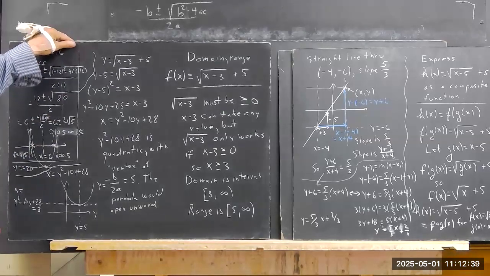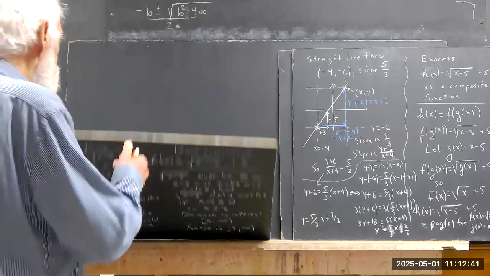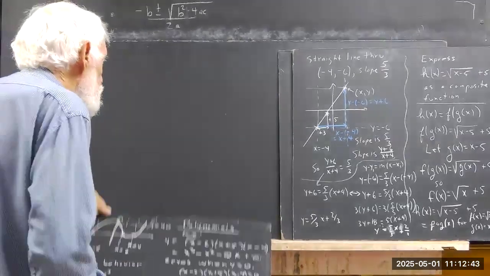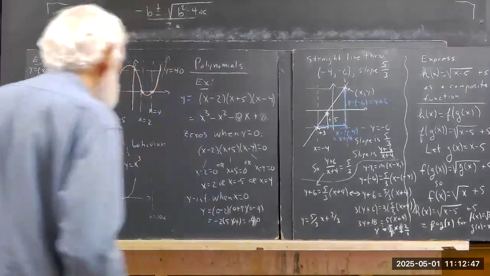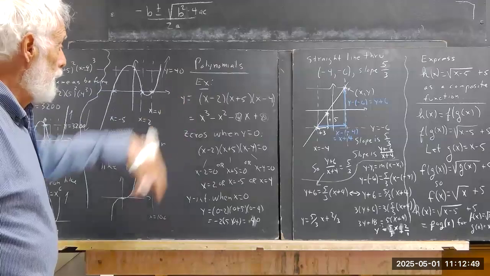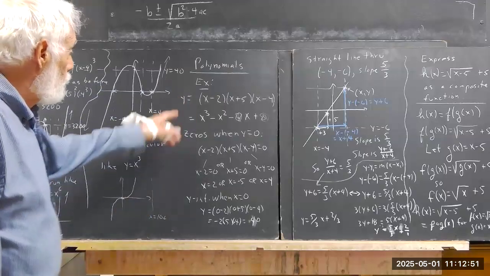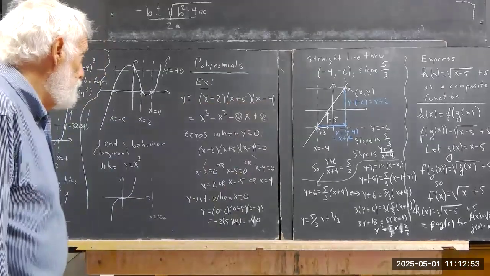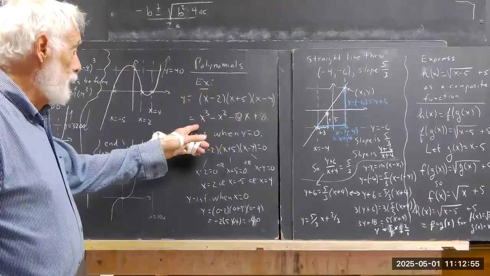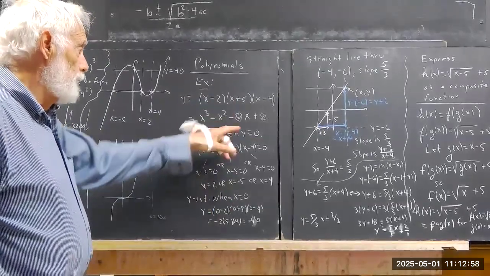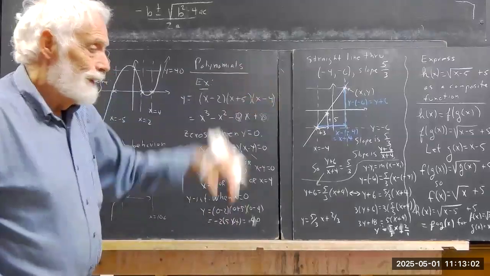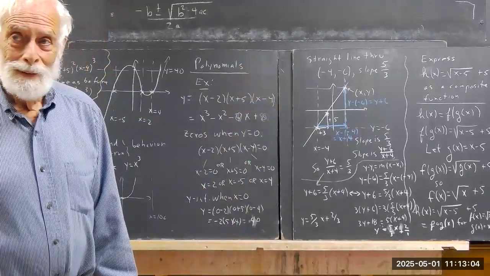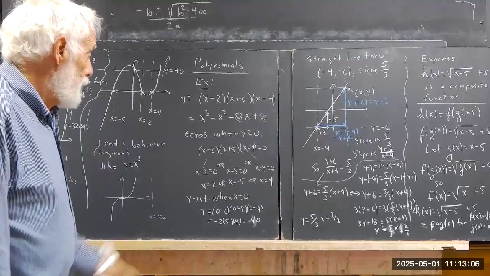So I go through the details of that. Now, a more recent thing that I did. Talk about polynomials. Here's a polynomial. If we expand it, we're going to get an x cubed. I think we'll get a negative x squared. I didn't want to take the time to figure out these numbers, so I just put an incoherent shape there.